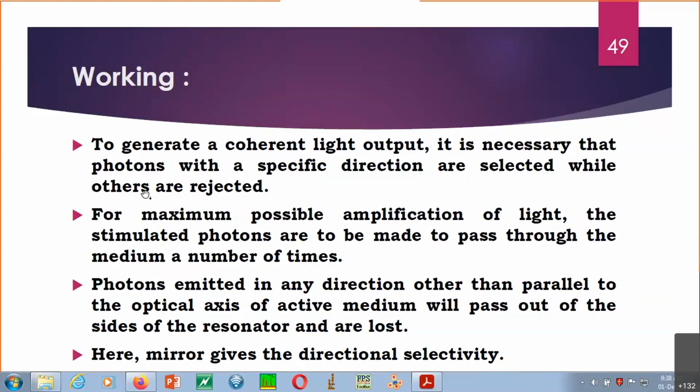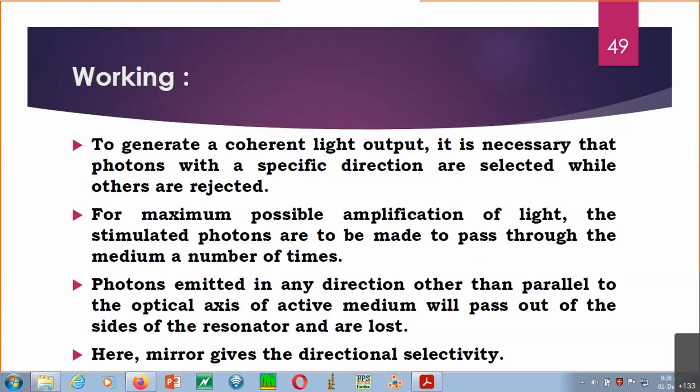To generate a coherent light output, it is necessary that photons with specific directions are selected while others are rejected. As I said, laser light is highly directed and highly coherent. So if you want to generate a coherent light output as well as directionality, then the photons which are emitted randomly through the spontaneous process you need to reject.